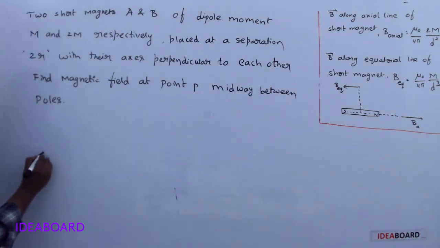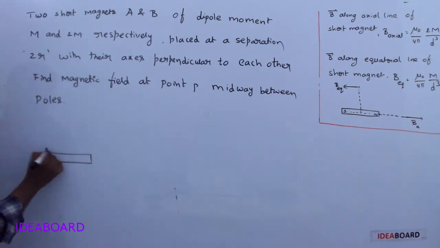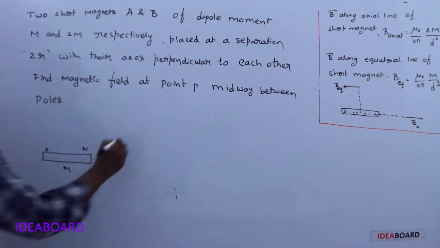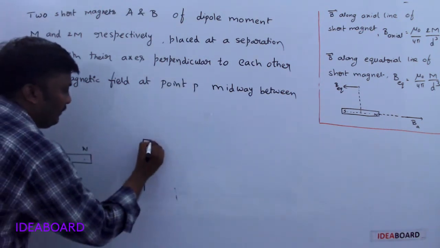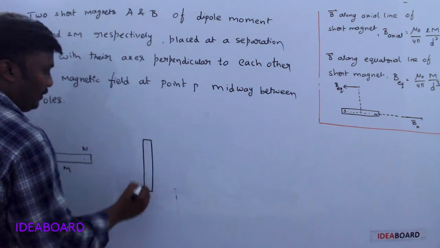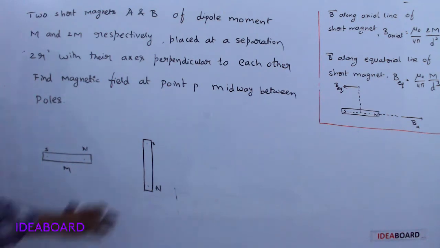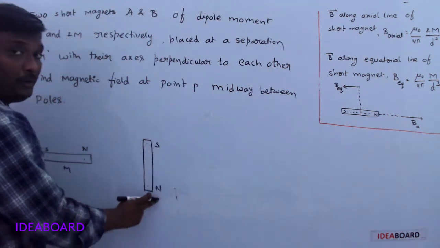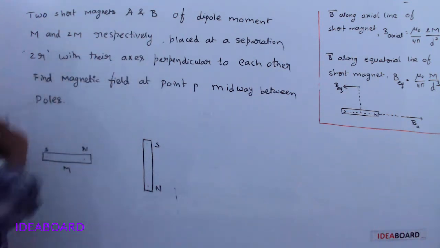Meaning one magnet is like this, let this be south and this north, and its magnetic moment is m, and the second magnet is perpendicular to it, like this. Put this as south pole and this as north pole. Since it was not mentioned, you can take either north or south pole here.